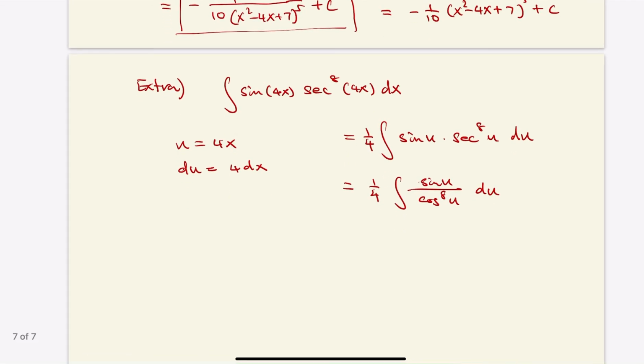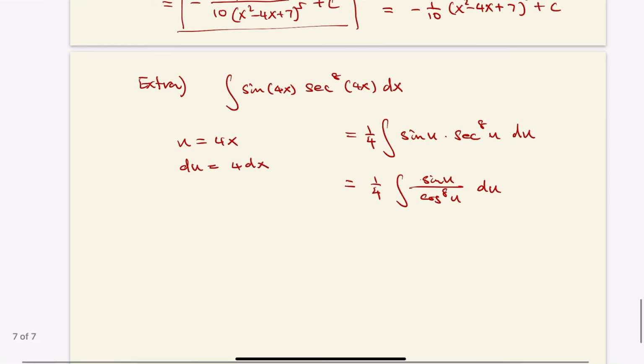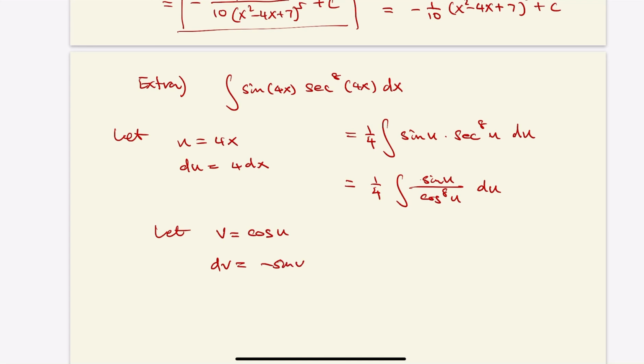And then one more u sub. So let's say v equals cosine u. So basically u sub twice. dv equals negative sine u du.